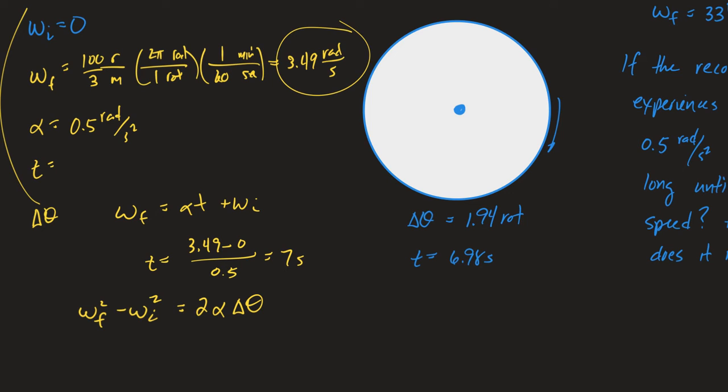This gave me my answer in radians, which I then converted to rotations. It seemed easier to do it that way than to convert the acceleration into rotations here. So either way, that became 3.49 squared divided by 2 times 0.5. Pretty sure that's like a 12 point something radians.